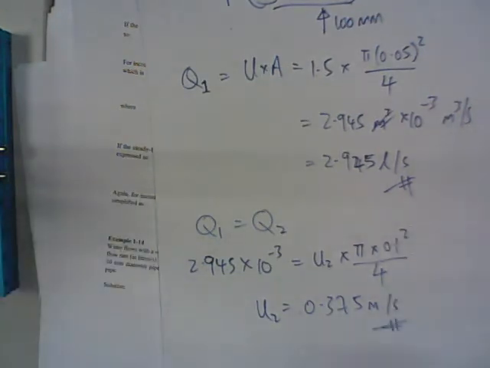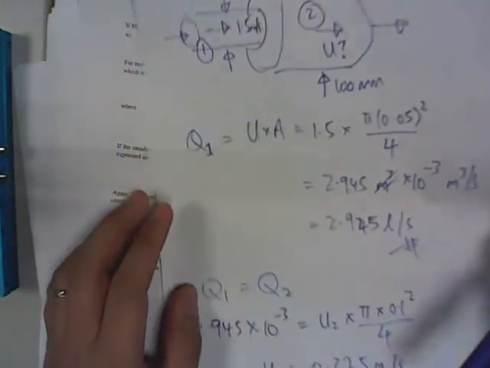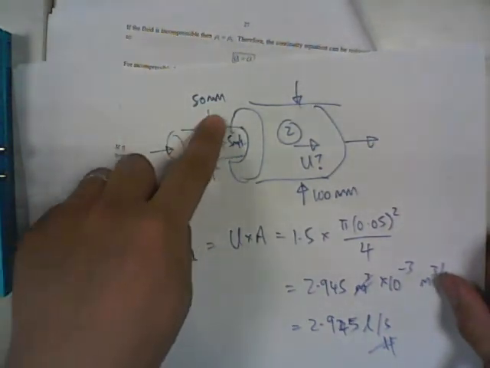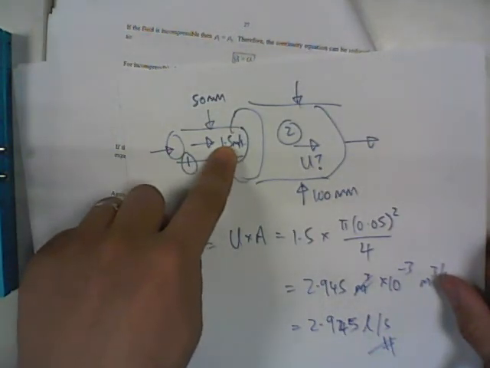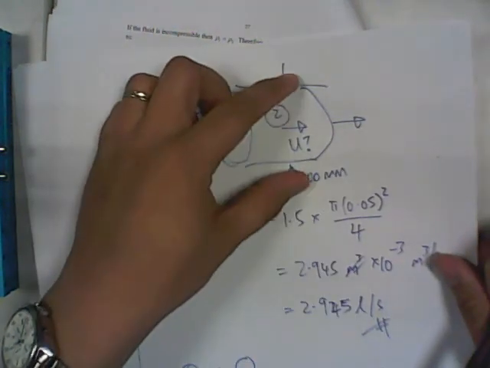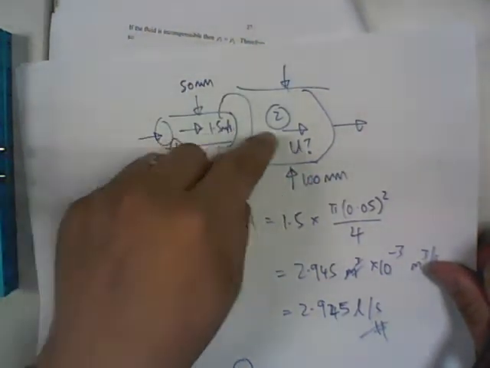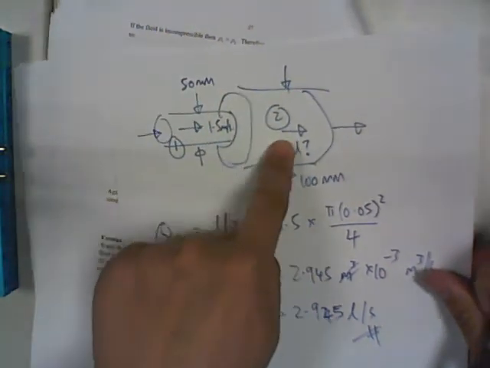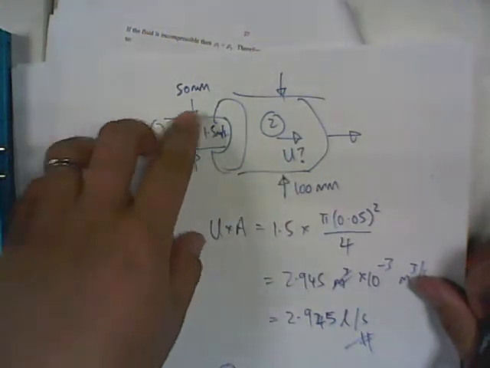So how do you check whether your answer is correct or not? It's roughly there. You see, the smaller pipe will have a higher velocity compared to the bigger pipe. Once the diameter increases with the volume flow rate remaining the same, it means that the speed will have to slow down. So this is what basically happens in a nozzle.